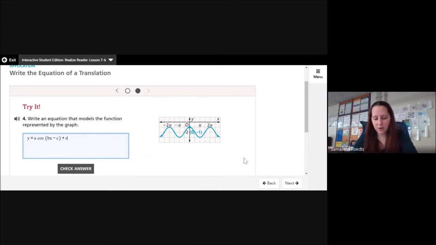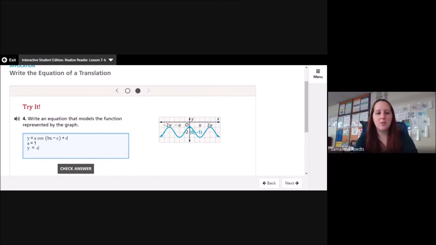So looking at this function, my graph is between -1 and -3. That means it's moved down. My midline is going to be -2. So my amplitude is still 1 at this point, so a equals 1.